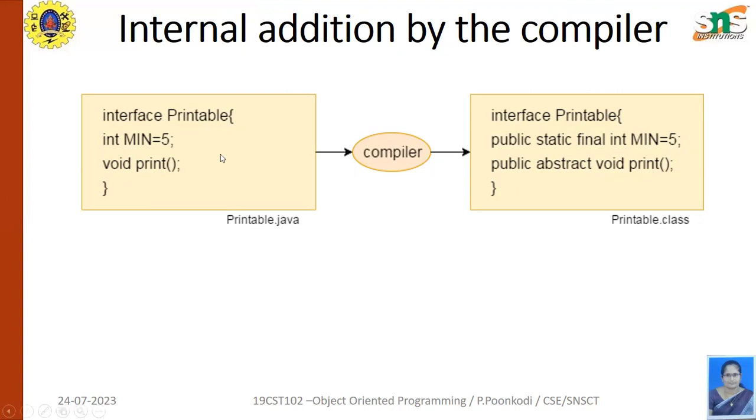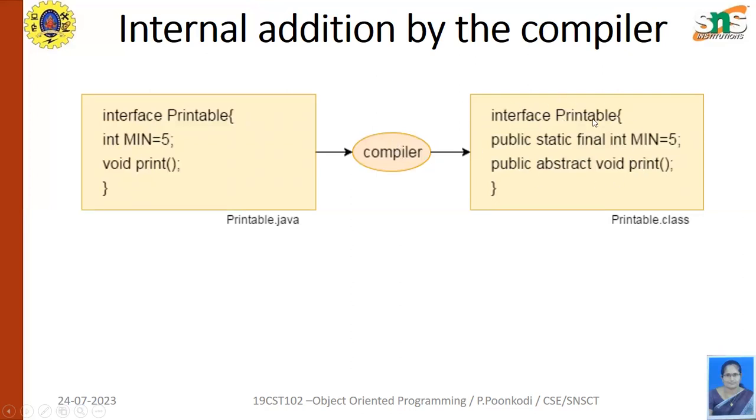While typing a program in Java, we will type like this: interface Printable, where Printable is the interface name. We save it with the .java extension. Then declare a variable, minimum value, then print. While compiling your program, the compiler converts it into this format.